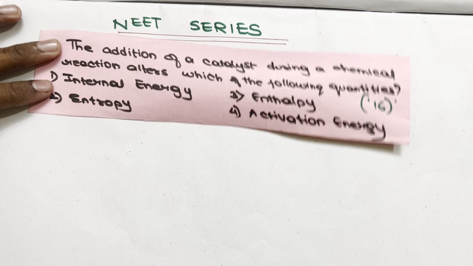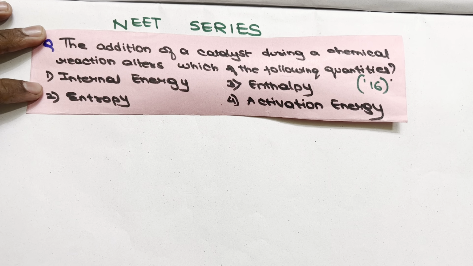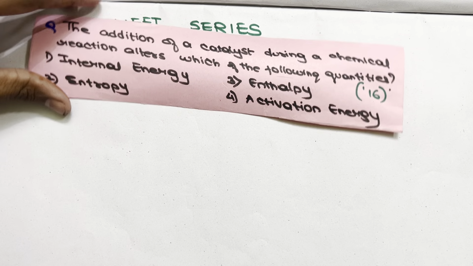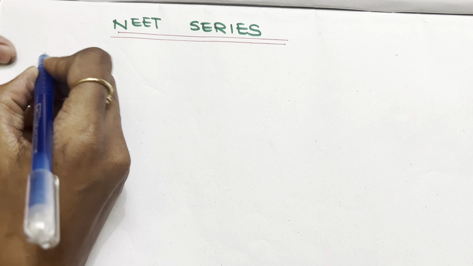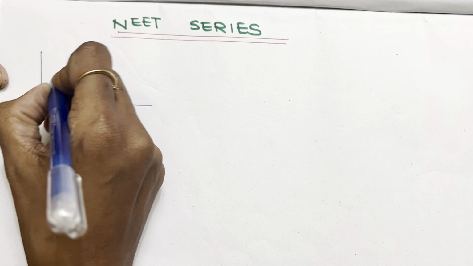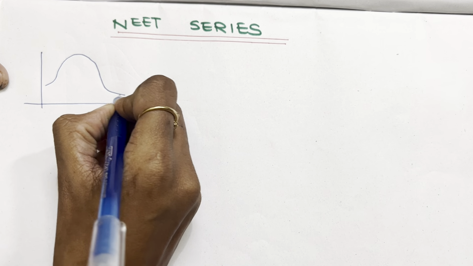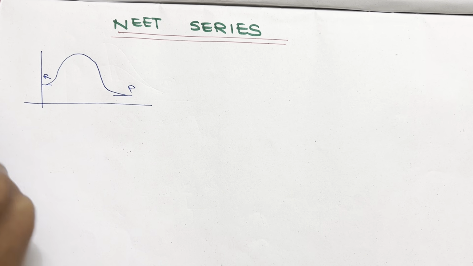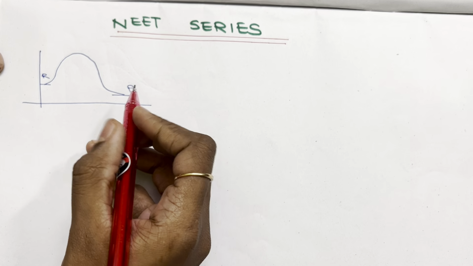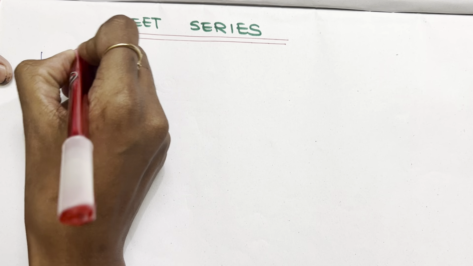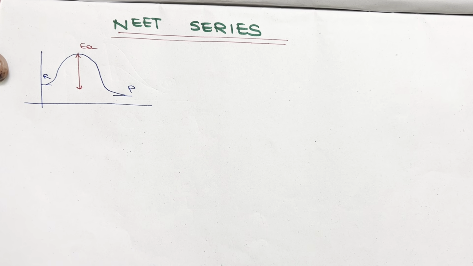So let us begin. The very first question we have here is: the addition of a catalyst during a chemical reaction alters which of the following quantities? When we have a reaction, let us take the reactant R converted into the product P. When the reactant is converted into the product, this amount of energy is called the activation energy.